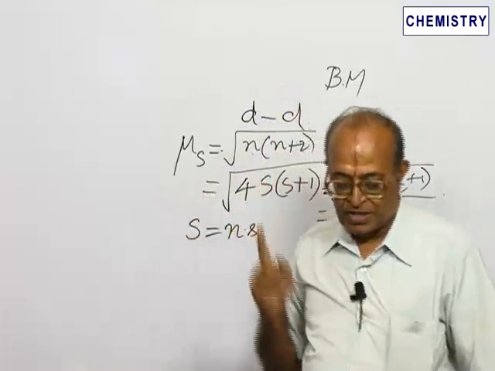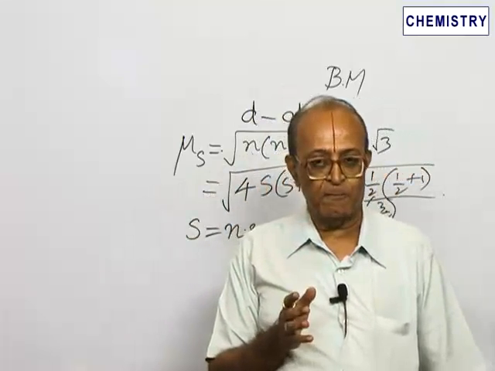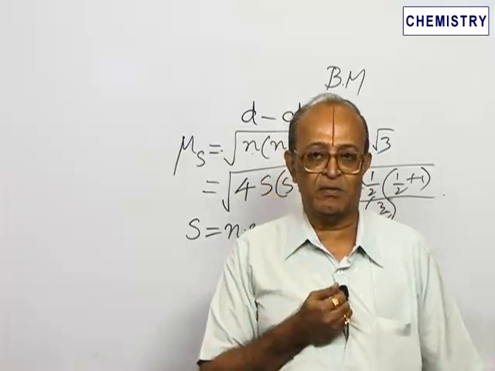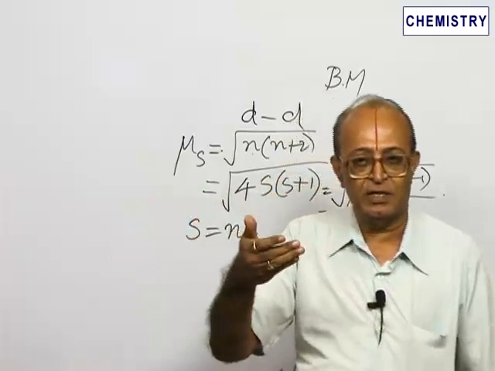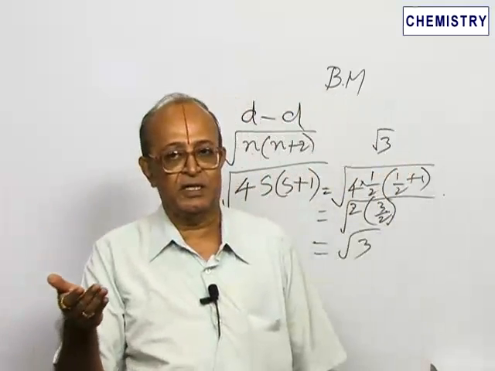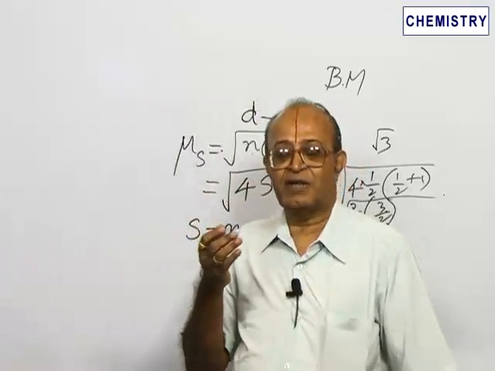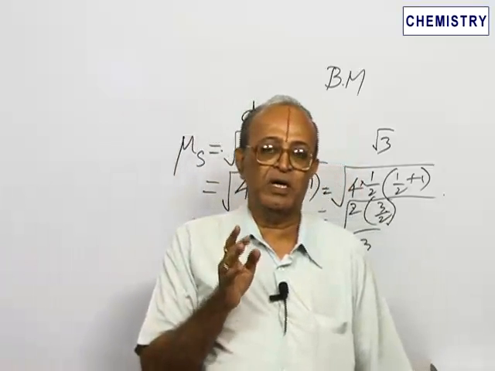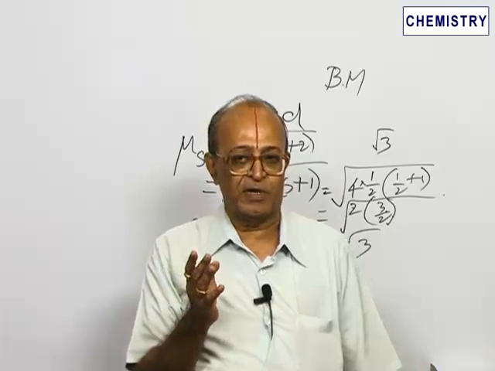Now in this connection I want to mention this point, namely in the transition series of elements we have first transition series, second transition series or third transition series. At least for the 3d transition series, first transition series, you should remember the ground state electronic configuration of the elements.